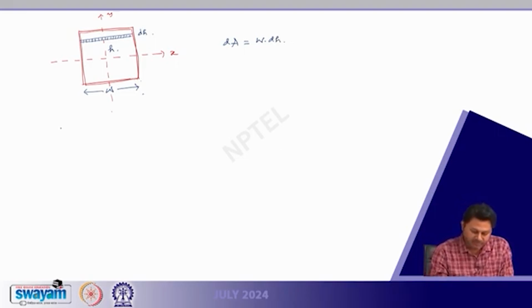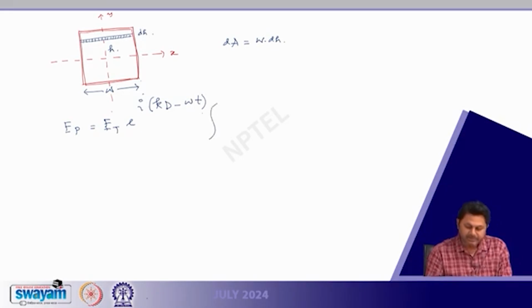Now, let me go back to the expression of the EP. EP was ET e to the power of I k d minus omega t, that term was there, and inside the integral, now I need to do this integral over h.